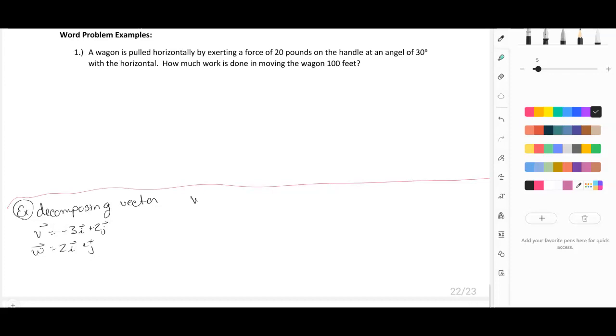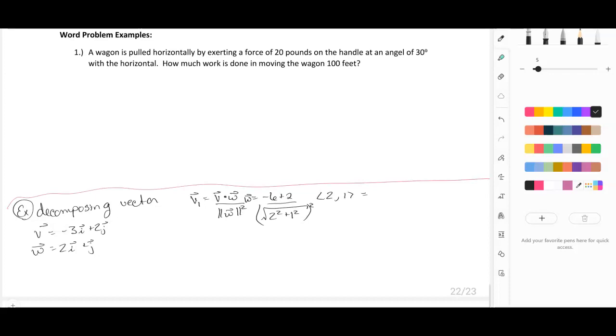So to find V1, it's going to be V dot W over the magnitude of W squared. So V dot W is going to be negative 6 plus 2 over the magnitude squared of W. And then we're going to multiply that by W. Don't forget that W there, which is going to be 2, 1.